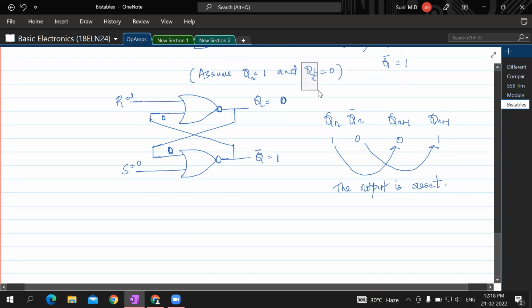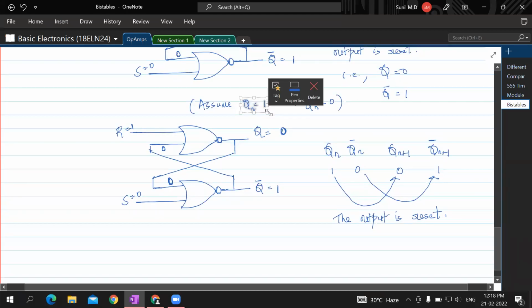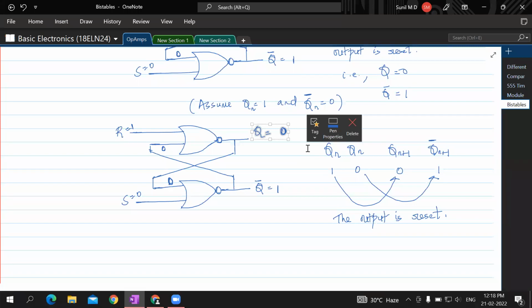This is Qn bar. Fine, this is Qn plus 1 bar. So 1 became 0 because the output has to be reset. Earlier it was 1, let's say. Okay, so it will get reset. Understand that? So this is how the things go.